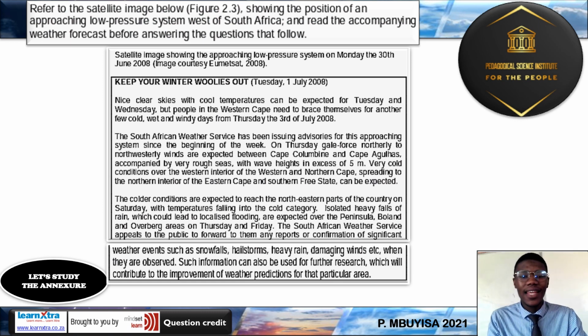It says satellite image. That was a satellite image showing the approaching low pressure system on Monday, the 30th June 2008. Now here's an extract. Keep your winter woolies out. Tuesday, 1 July 2008. Nice clear skies with cool temperatures can be expected for Tuesday and Wednesday.